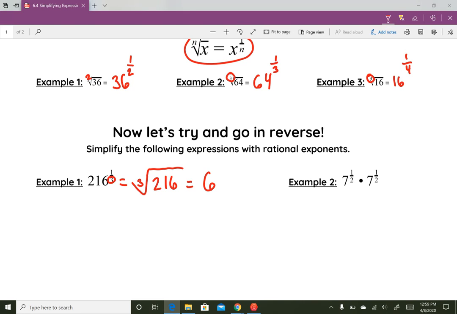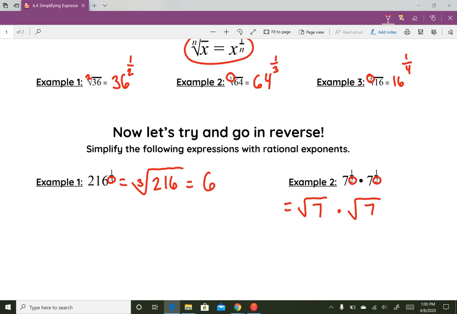Now for example 2, we have 2 of them. There are 2 different ways we can do this. I'm going to hold off on the second way for now, but we're going to figure out how to do that in a couple videos down the road. So what I can do is this. Both of these have 2 as the denominator, so both of these are going to become square roots. Square root of 7 times the square root of 7. What's great about this is you know how to multiply radical expressions.